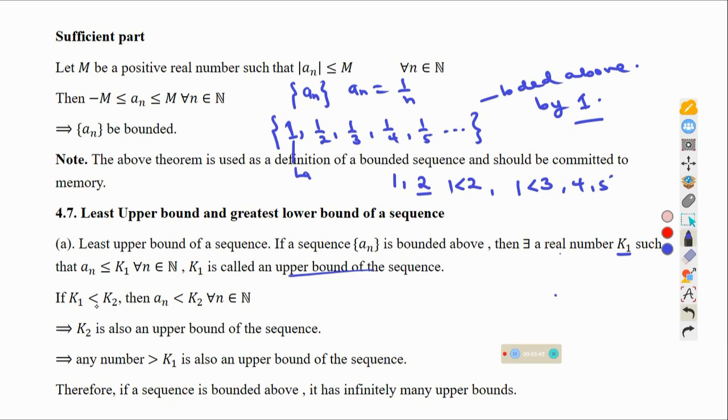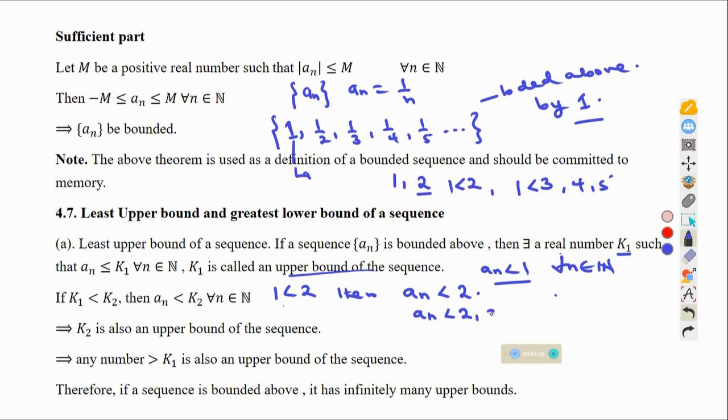So we are saying that if, for example, you have a number like 2 which is greater than 1, then all the terms of that sequence will be less than that number 2. Because all the terms are less than or equal to 1, and 2 is greater than 1, automatically all the terms will be less than 2.